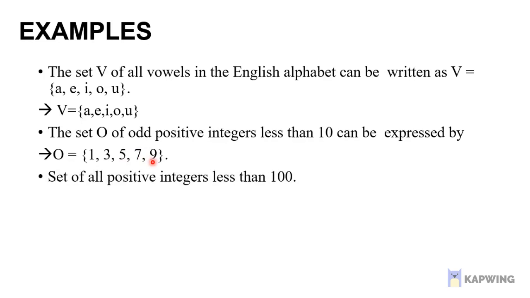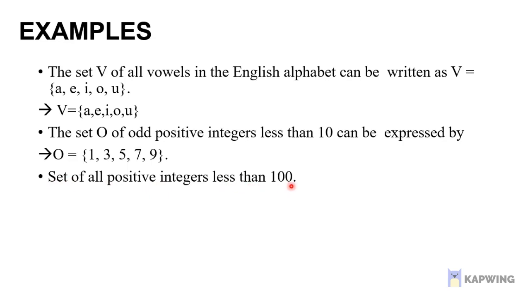Next is the set of all positive integers less than 100. Before that, you need to know which are the integers, positive integers, real numbers and rational numbers. We'll see it. So let's see the question: a set of all positive integers less than 100.